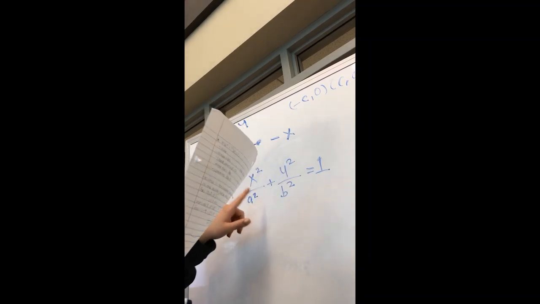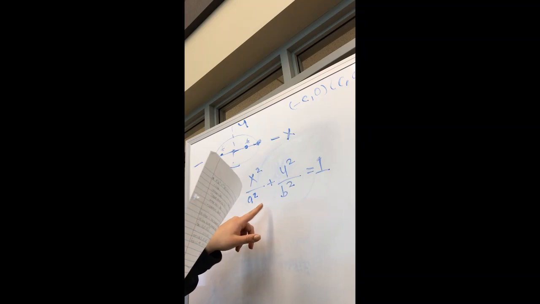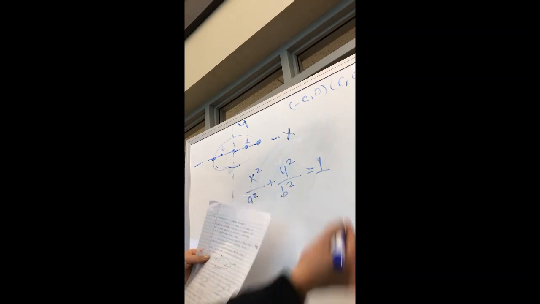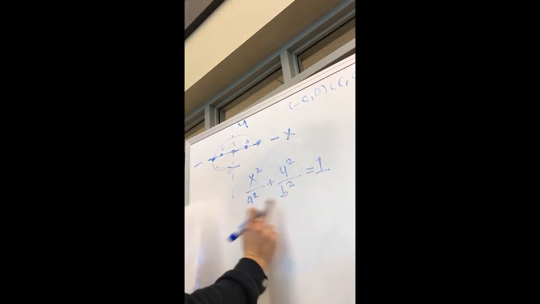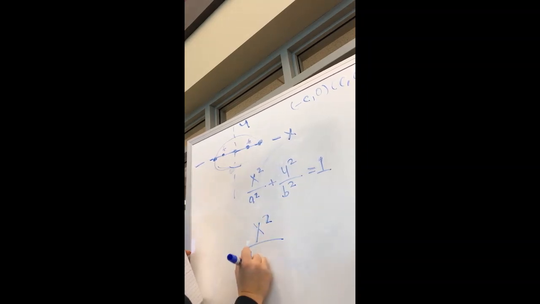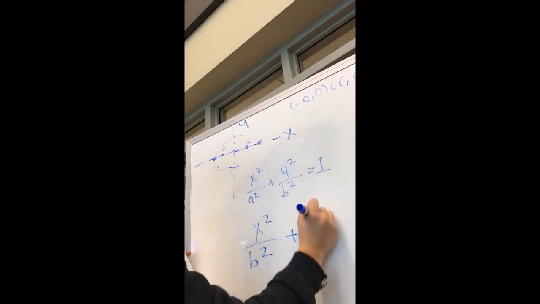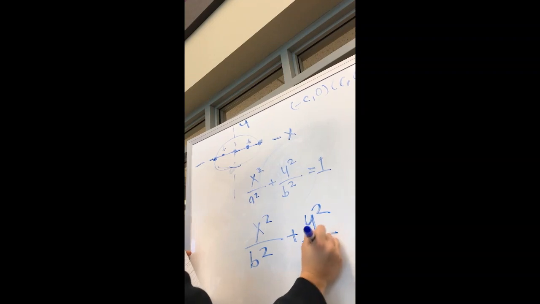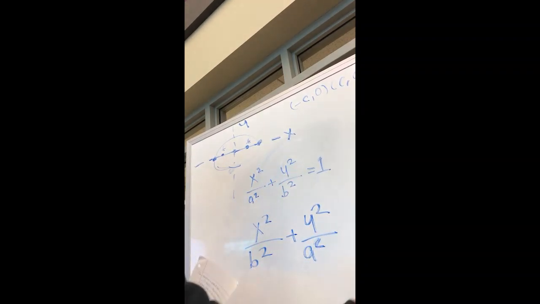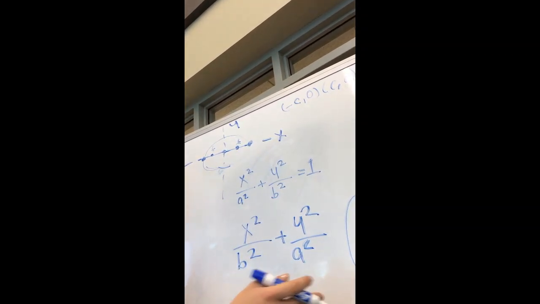This equation is only used when the major is on the x-axis. So for this example, we would be using this equation. The only difference in the second equation is that a and b are switched, so we'd have x squared over b squared plus y squared over a squared. And this would be when we have an example like so. Okay?